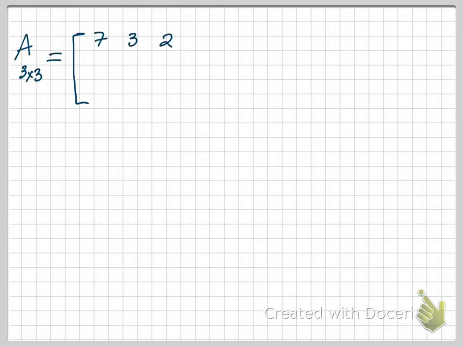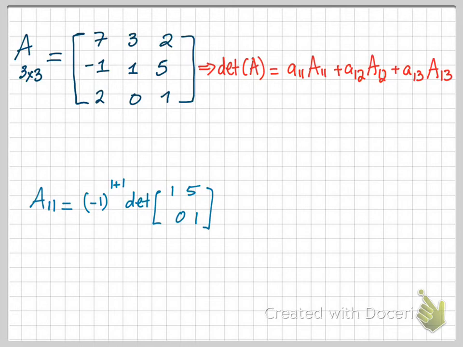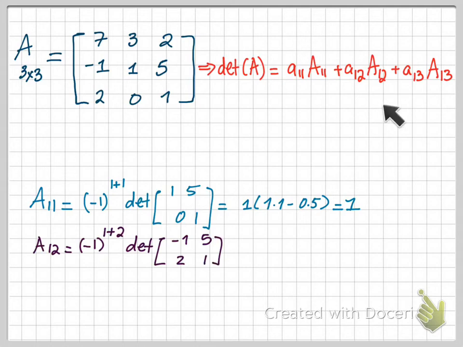Okay. Now back to our original matrix. Again, we want to find the determinant of this matrix using cofactor expansions. At this point, we know how to find big A11. Using the formula here, you will get 1. And then similarly, we can find big A12 using this formula, negative 1 raised to 1 plus 2 times the determinant of the minor.